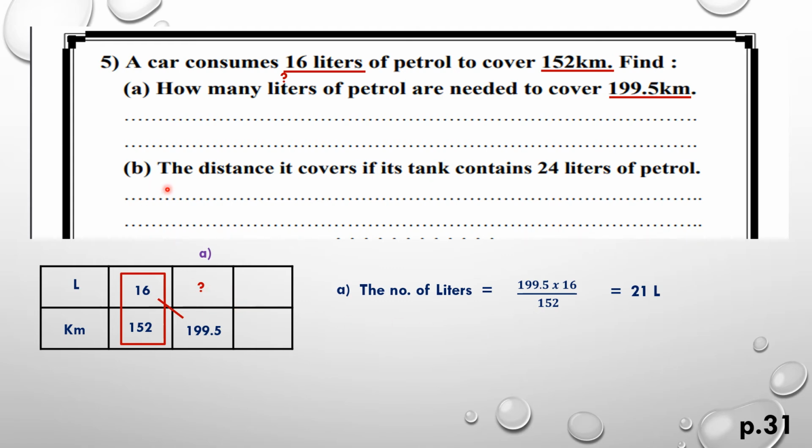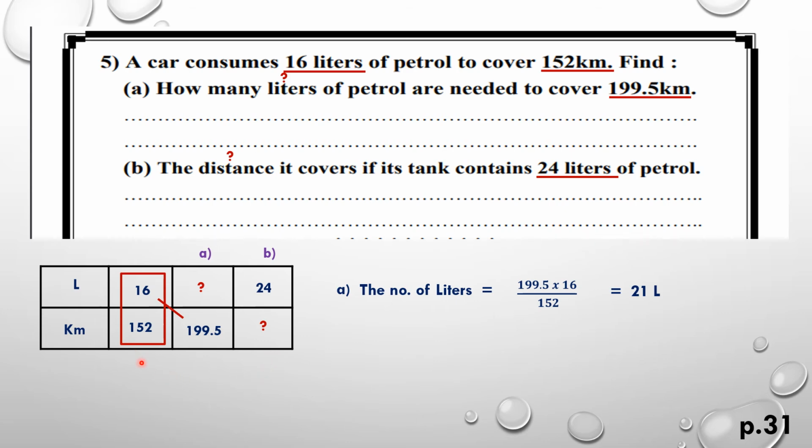What about letter B? I need to find the distance it covers if its tank contains 24 liters of petrol. So, here is the column for letter B. The distance it covers if a tank contains 24 liters. So here we have 24 beside liters and question mark beside kilometers.